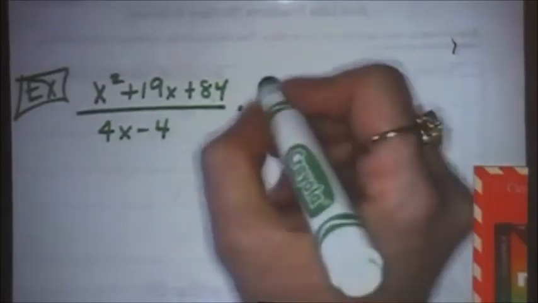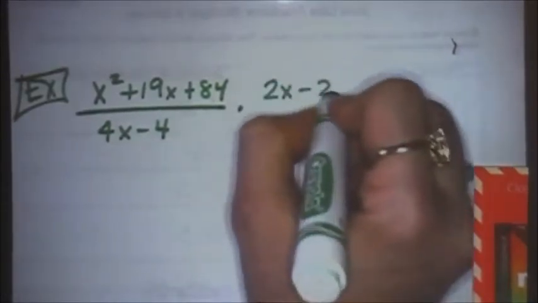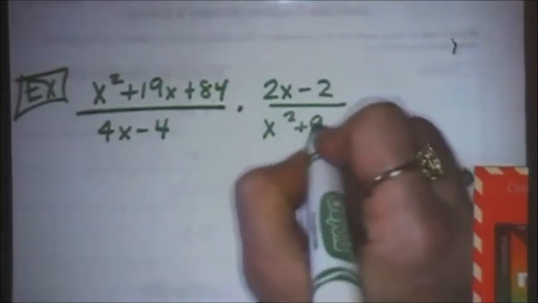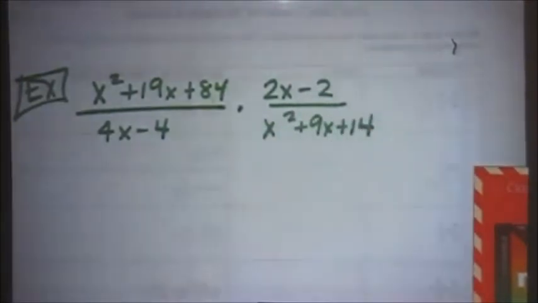Let's do one more just for practice. So now I've got x squared plus 19x plus 84. That's a trinomial that will factor.